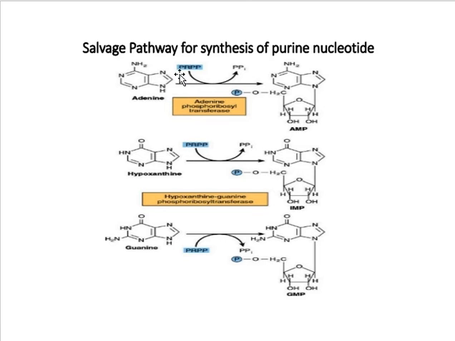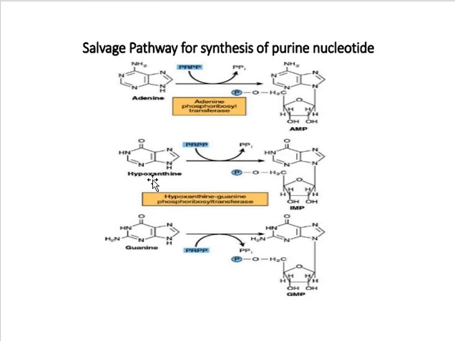In this reaction, the PRPP provides the ribose 5-phosphate, which is transferred to the adenine base, and after cleavage, the pyrophosphate group is released from this PRPP, and ribose 5-phosphate is attached to the adenine to give rise to the adenosine monophosphate, and this reaction is catalyzed by the adenine phosphoribosyl transferase.